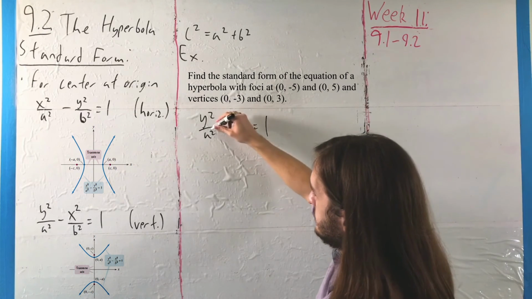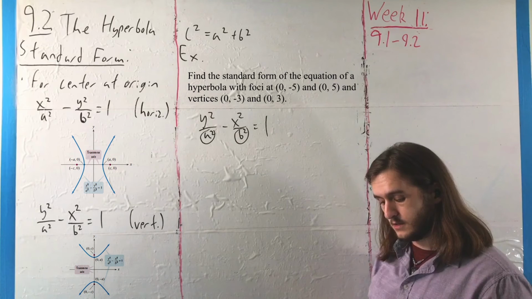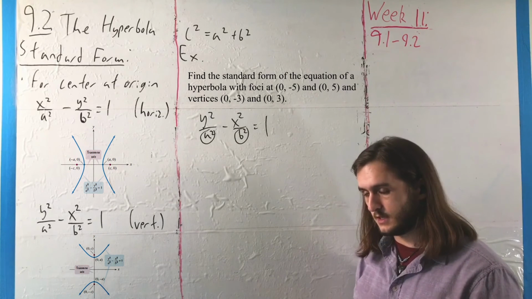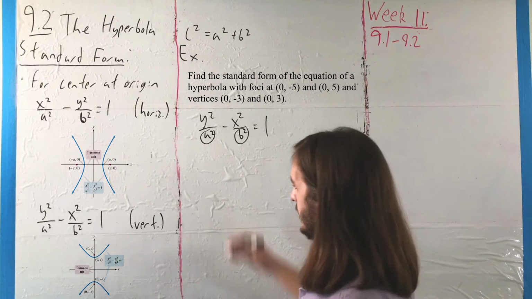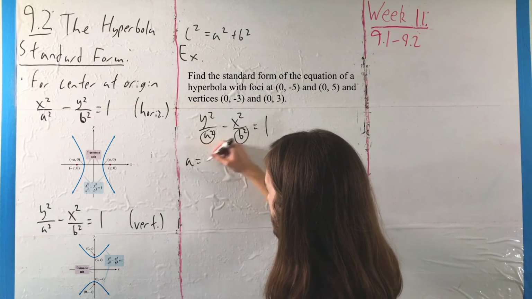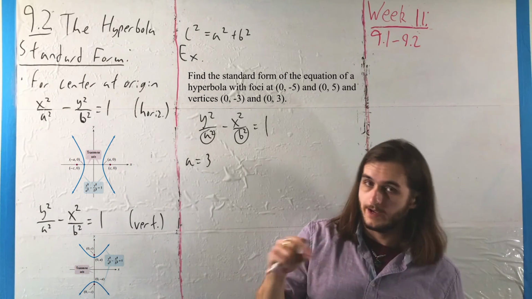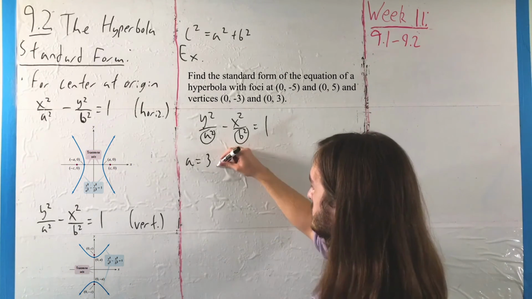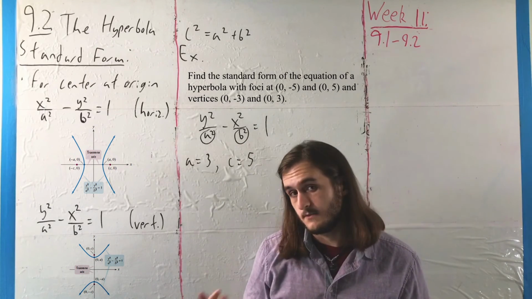So what we need to do is find a and b, where a is implicitly given by the positioning of the vertices. That is, a is equal to 3 because our vertices are 3 away on either side from the center, while c is going to be equal to 5 for the same reason except in terms of the foci.